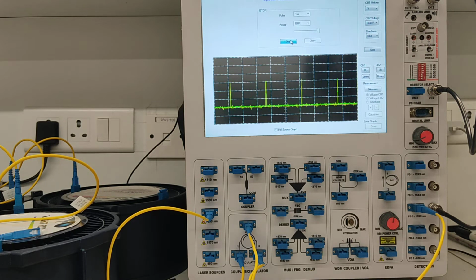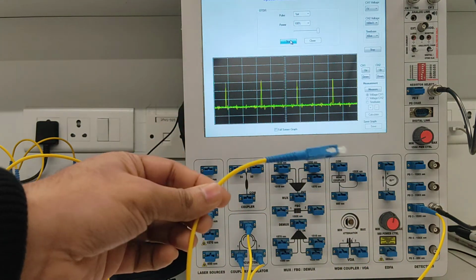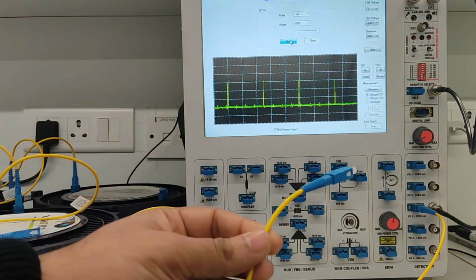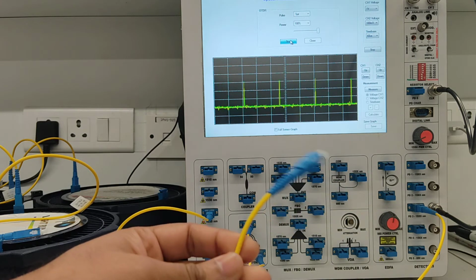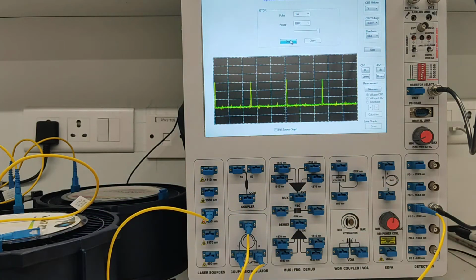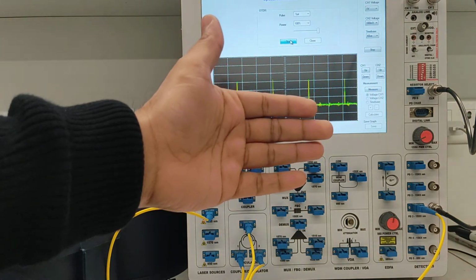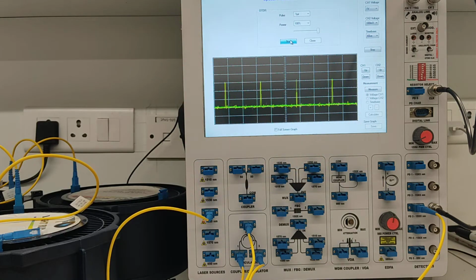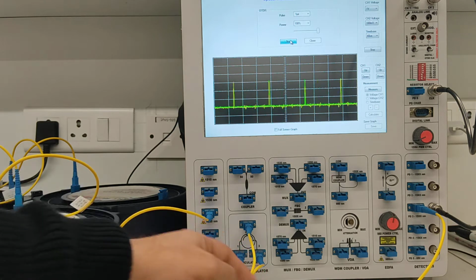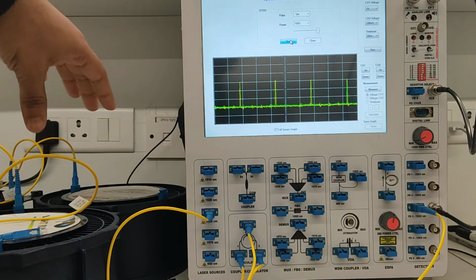Both the pulses are almost superposing with each other, which is as it should be, because the reflected ray is coming from a very small segment. The greater the distance, the greater the separation. Here, since the segment is very small, the separation between the input pulse and the reflected beam is very small.